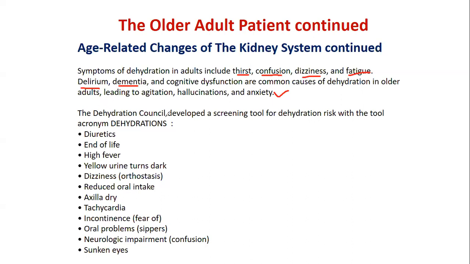The Dehydration Council developed and also evaluated a tool for dehydration risk, which is called DRIED: dehydration, diuretics, end of life, high fever, yellow urine, then dizziness, reduced oral intake, anxiety, tachycardia, incontinence, oral problems, and neurological impairment.